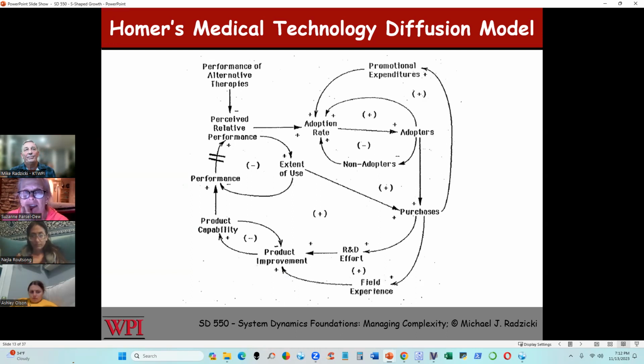But I think that's the challenge with any model like this, sorting out whose perceptions you are evaluating related to the actions taken. This perceived relative performance and the actual performance can be very different between the patient and the doctor, but the patient is actually doing the purchase.